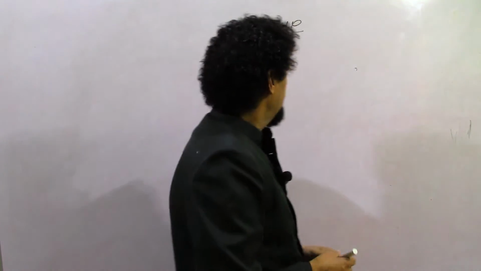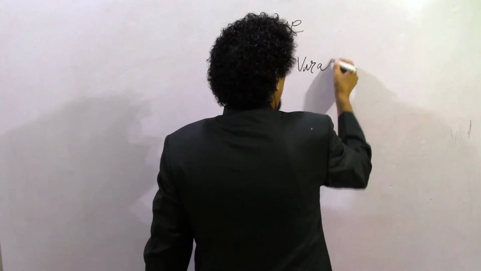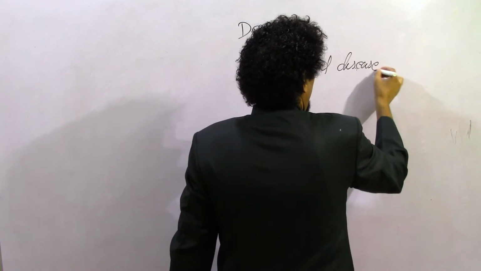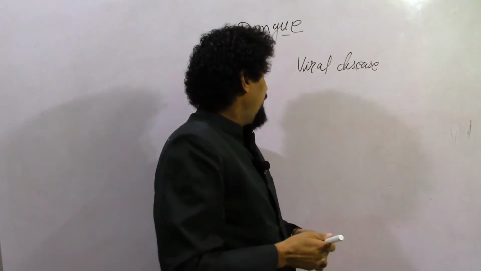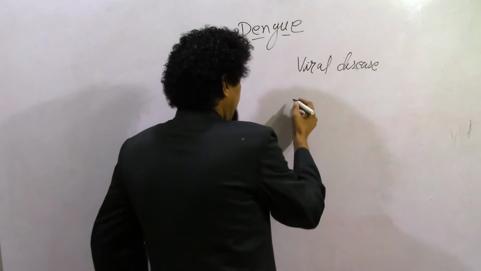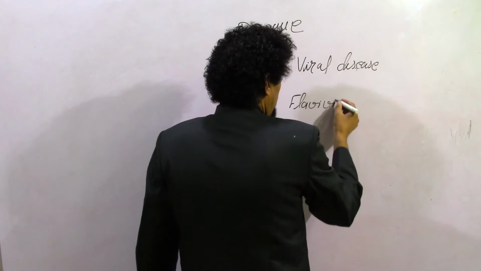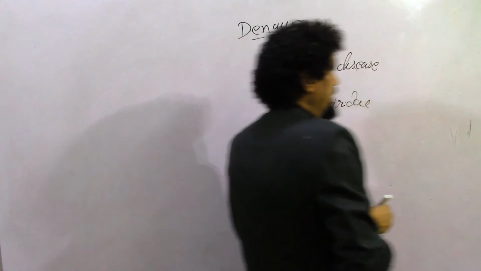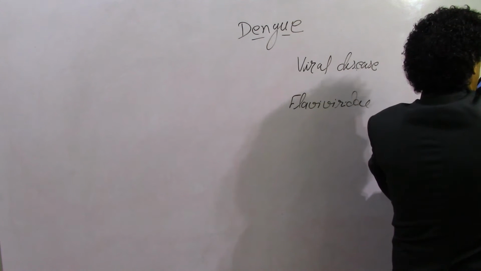Dengue is a viral disorder caused by a virus of the Flaviviridae family. Dengue is caused by a virus known as dengue virus.